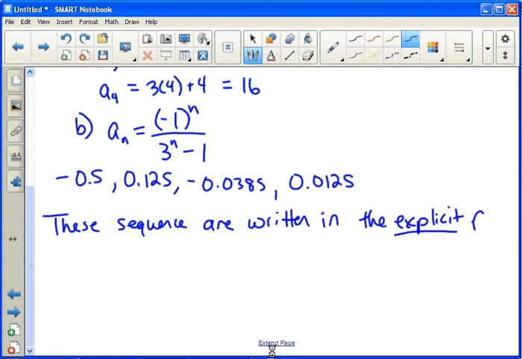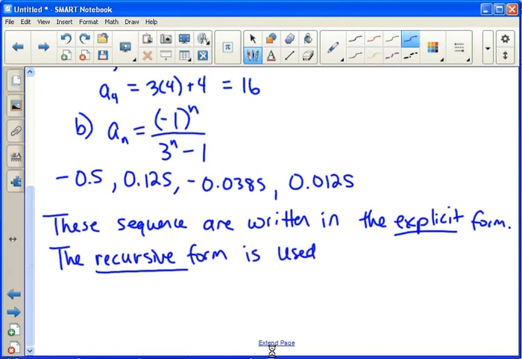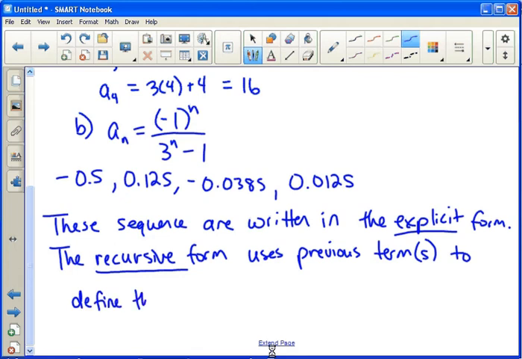The recursive form uses previous terms to define the current term. And we'll see an example of that in just a minute.